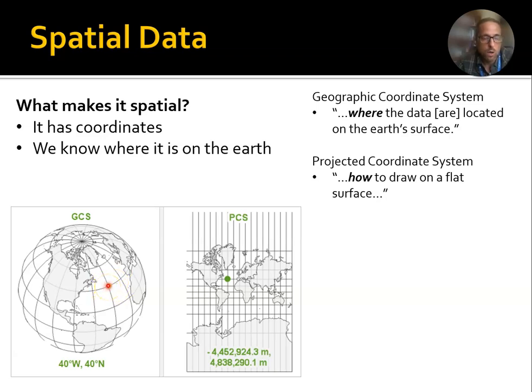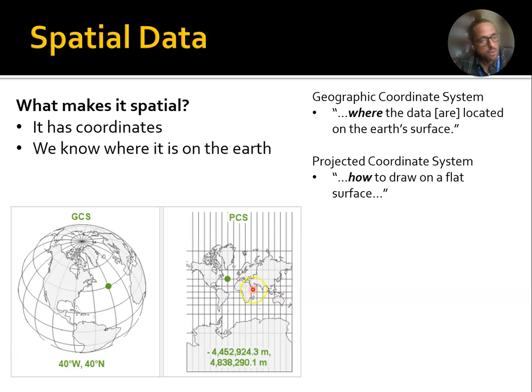Well, your computer screen is not a sphere. You have to display it somehow. So this is a projected coordinate system, and there are different ways to project. This is not the only way, and this should look familiar. This is the same projection that I showed you a few slides ago. But there are different ways to project a spherical surface on a flat surface, and that's the projected coordinate system.